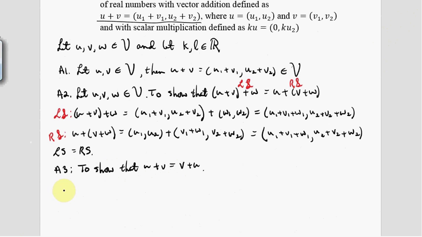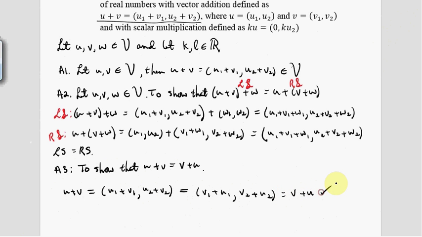Here, u plus v is equal to u sub 1 plus v sub 1, comma, u sub 2 plus v sub 2. And that will be the same as if we look at that in the reverse in terms of v plus u, that is v sub 1 plus u sub 1, comma, v sub 2 plus u sub 2. That is v plus u.